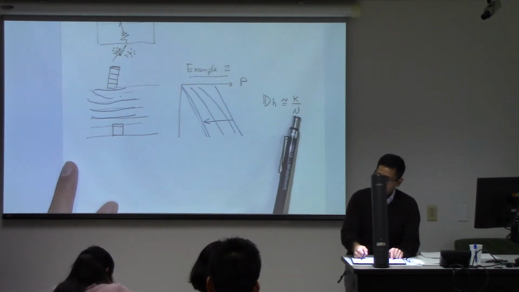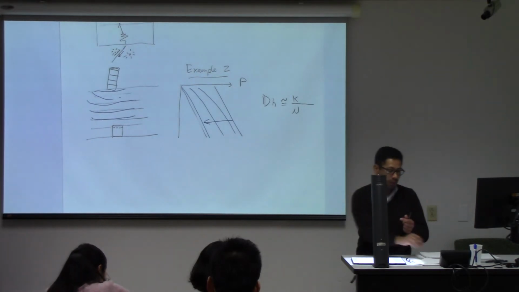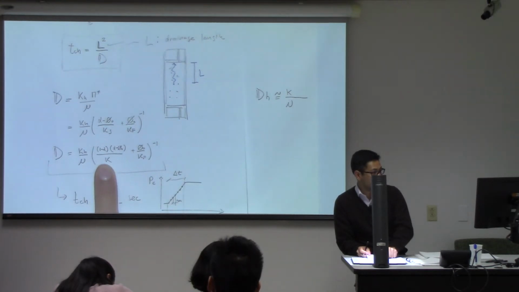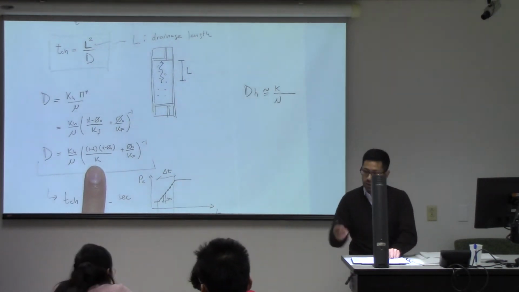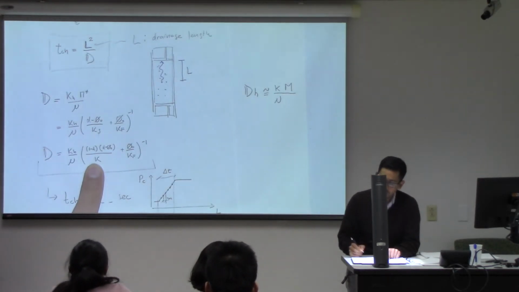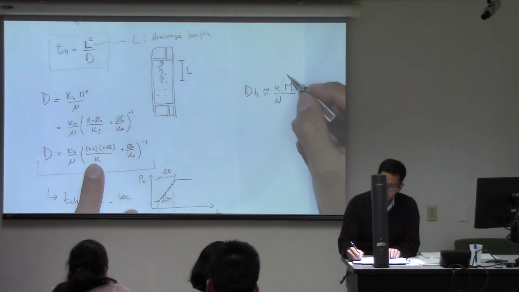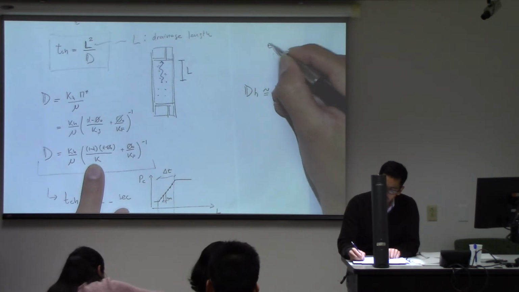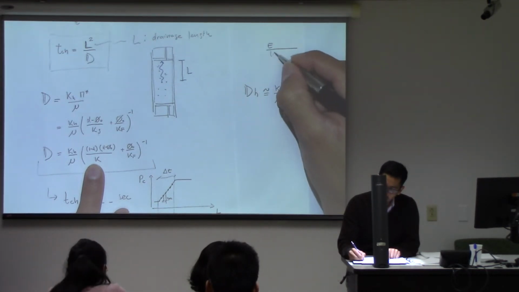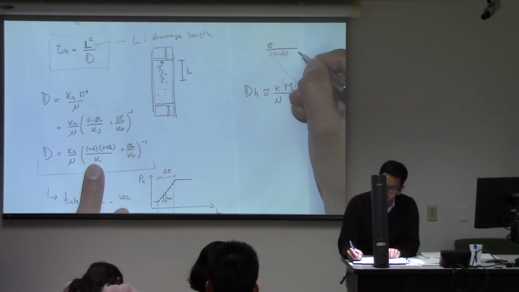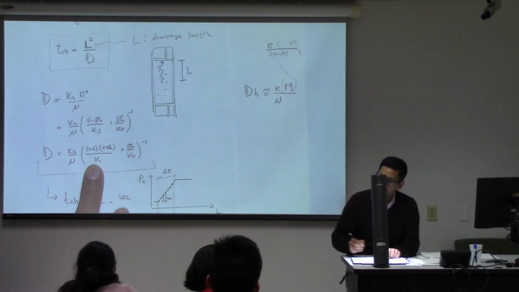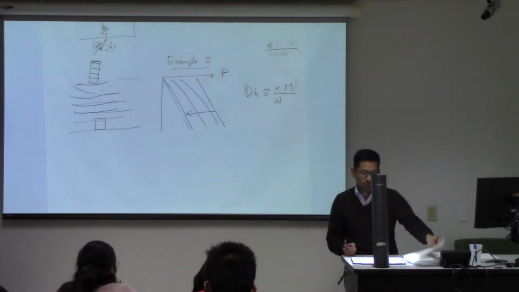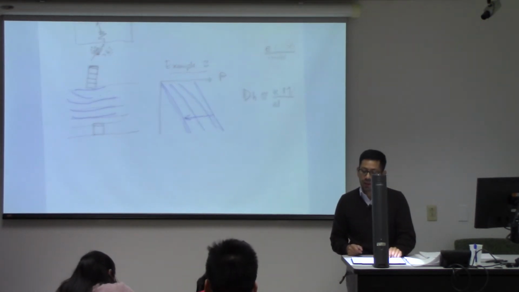In that case, instead of using the bulk modulus K from this equation over here, because of the conditions in which we're loading it, we can use the constraint modulus M, where M is not to be confused with the Biot modulus. This M is E, Young's modulus, over 1 plus Poisson ratio, something like this, with the Poisson ratio there too. It is the constraint modulus because we have strain just in one direction.